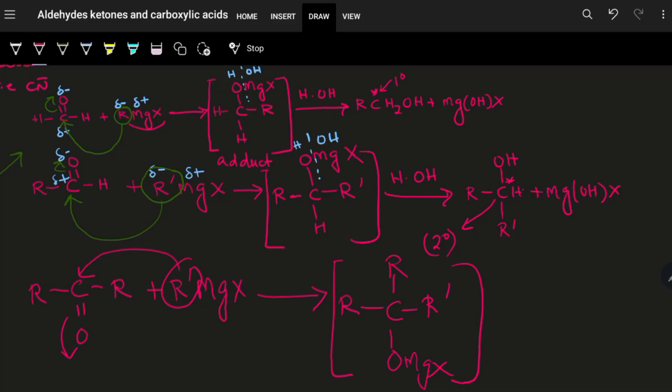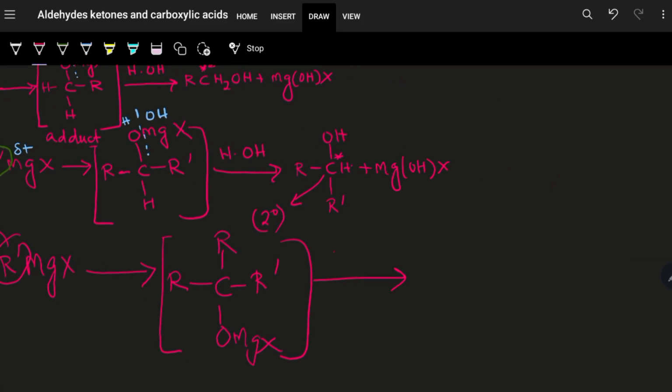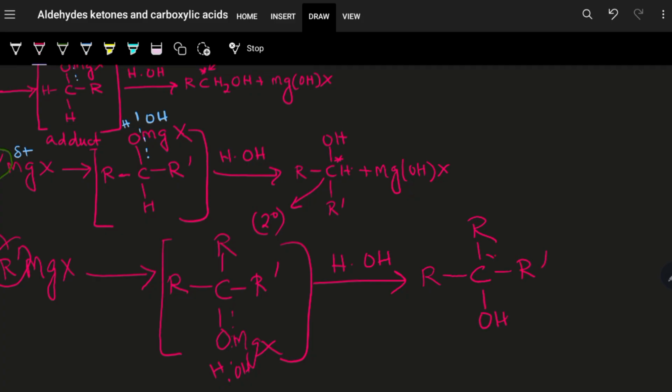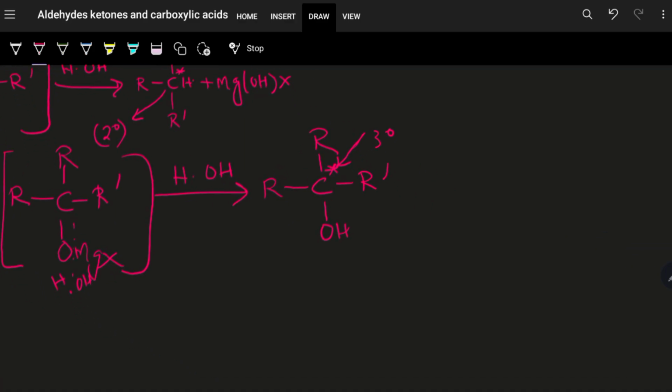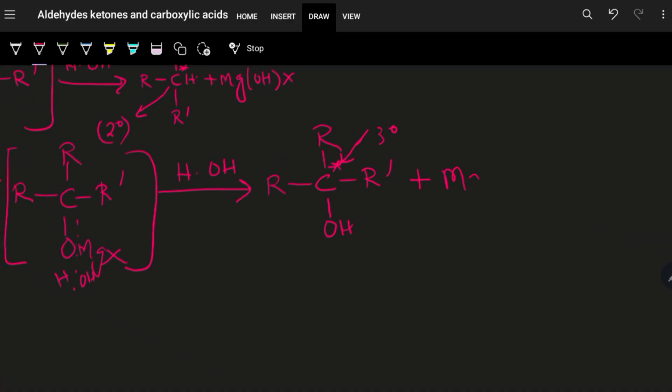This is the addition product, susceptible to hydrolysis, HOH. This bond breaks, HOH attaches. So you get RC, here there is R, again R dash, 1 OH, for which this carbon is a 3-degree carbon and giving 3-degree alcohol with the side product MgOHX.